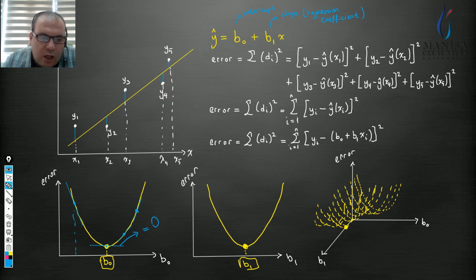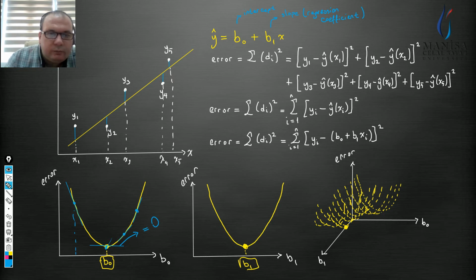So we are going to search for the value of b0 for which the tangent at this point equals 0. From a mathematical view, we will find the first derivative of the total error with respect to b0. So we have b0 as our variable, and we will take the first derivative of the error function according to b0, and set this first derivative equal to 0 to find this point.